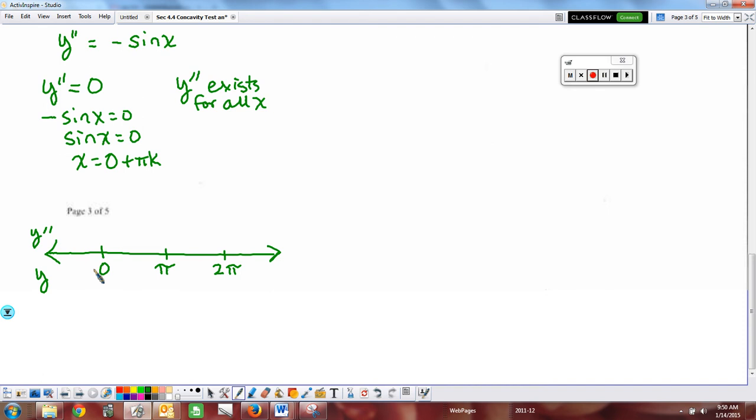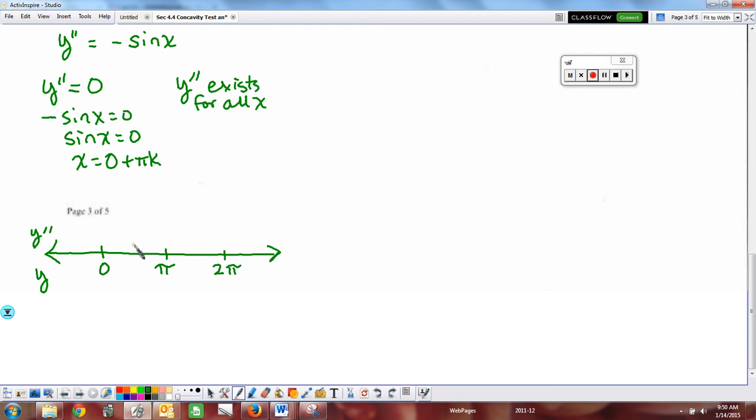And we're only interested in these values on our sign chart, so we can kind of ignore what's happening here and what's happening here. I'm leaving them on mostly because we're going to have consideration about what's going on here. So we have our second derivative. We want to know whether it's positive or negative in between 0 and pi. Well, the second derivative is a flipped sine graph.